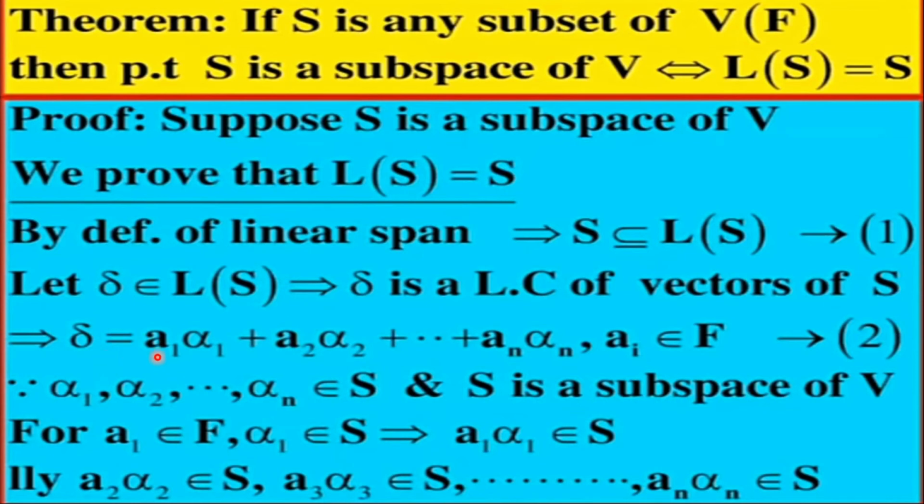That gives delta equal to a1 alpha 1 plus a2 alpha 2 and so on plus an alpha n, where ai belongs to F, denoted by equation 2.